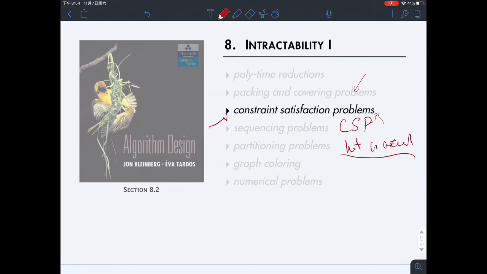But on the other hand, this kind of problem is also one of the first, actually it should be the very first NP-hard problem discovered by humans. So that means some of the earliest intractable algorithmic problems are really just the CSP problem.